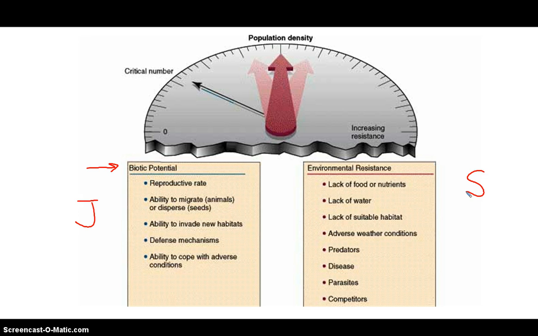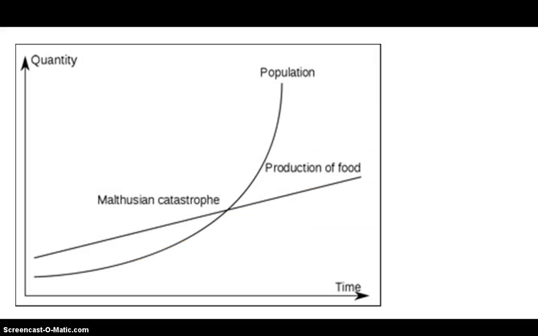Now, how this applies to evolution, the last thing we'll talk about, is this very famous graph by Thomas Malthus, who influenced Darwin very much with this idea. And Malthus's ideas originally were more about human populations. And so they had something called the Malthusian catastrophe. And what Malthus proposed was that populations increase exponentially.